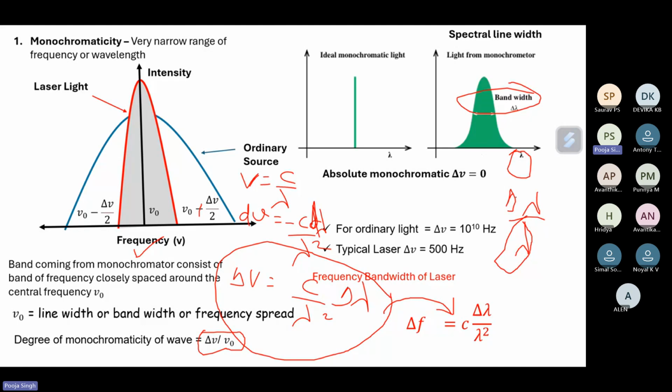So this represents your degree of monochromaticity. Okay, degree of monochromaticity. I suggest you write the formula right now so that in the next slide, it will be easy for you to understand properly.